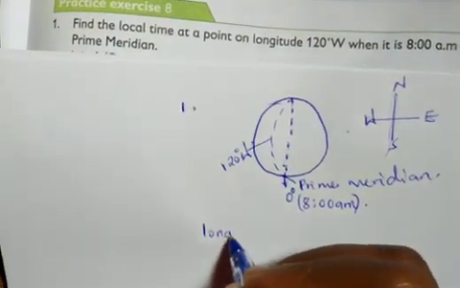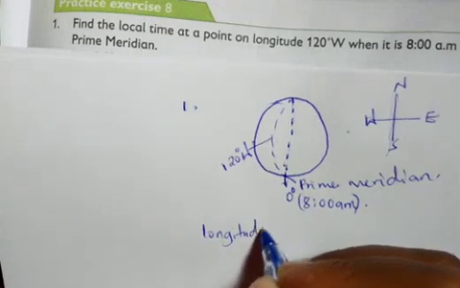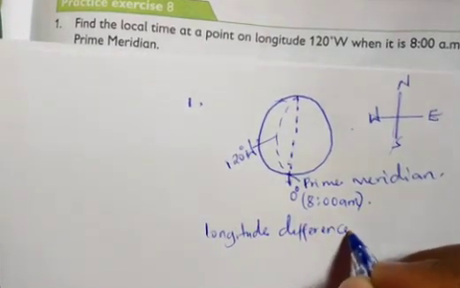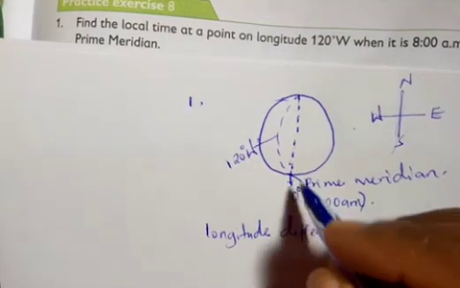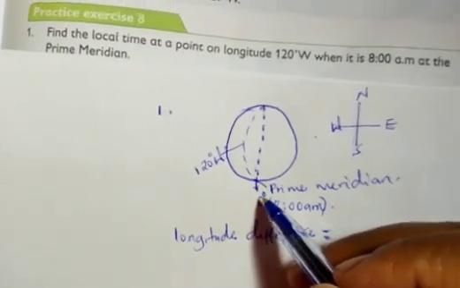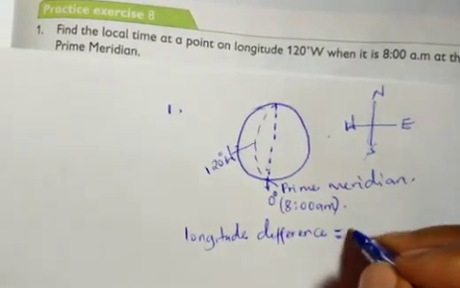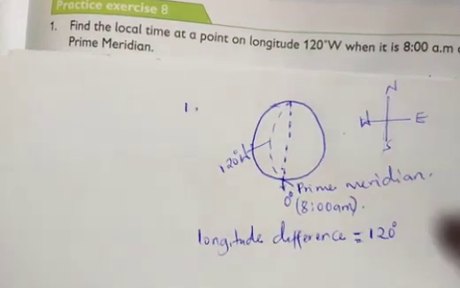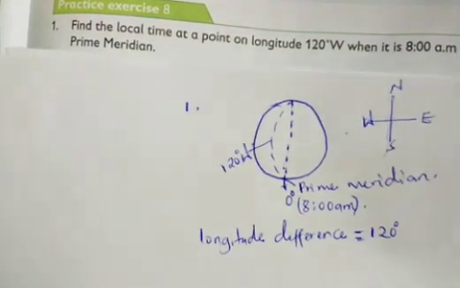The longitude difference will be equal to, because at this point it is 0, just 120 degrees. Yes, that is the longitude difference.